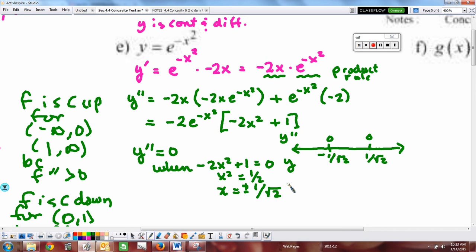Okay, we'll do our test. E to anything is always positive. If I plug in, say, negative 10 here, this is going to end up being a negative number times a negative number, or positive. If I pick 10, this is going to be a negative number times a negative number, which is positive. And if I pick something like 0, we would end up with a positive times a negative, so it's negative in the middle.